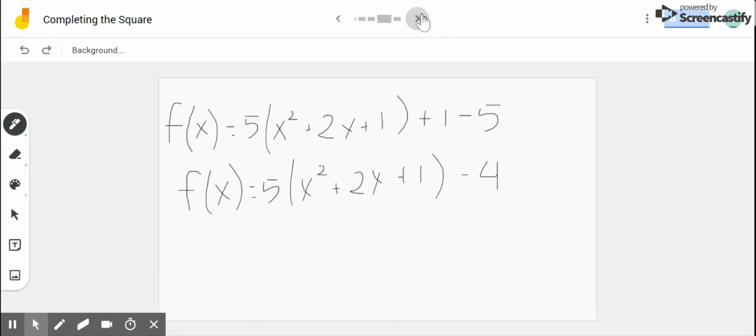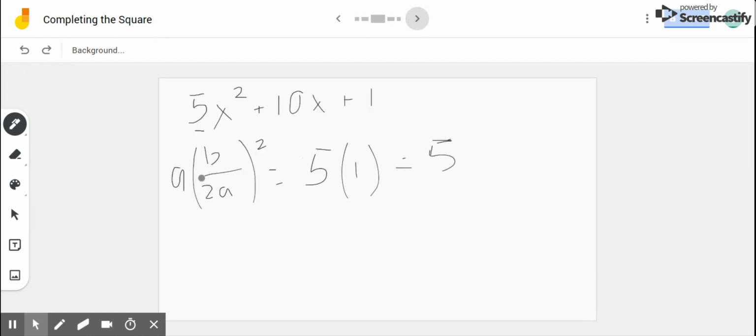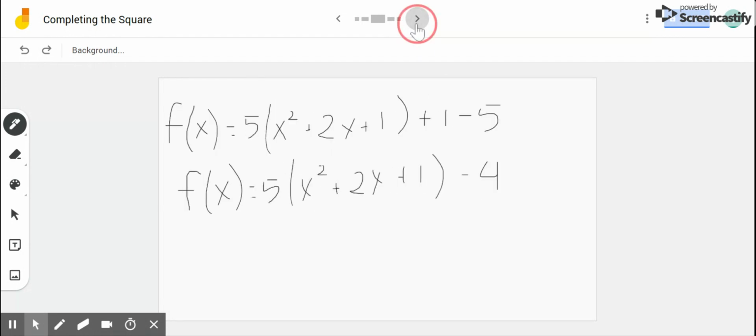And then the next step is taking the 1 and the 5 that we found in the beginning, when we were finding b over 2a squared and a times the quantity of b over 2a squared. We want to take those numbers and put them on one side.